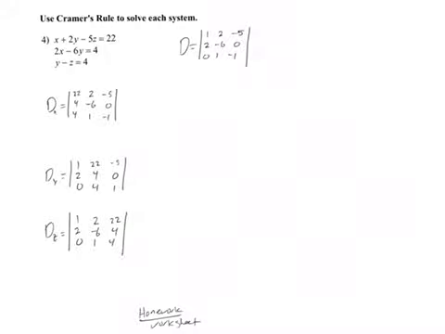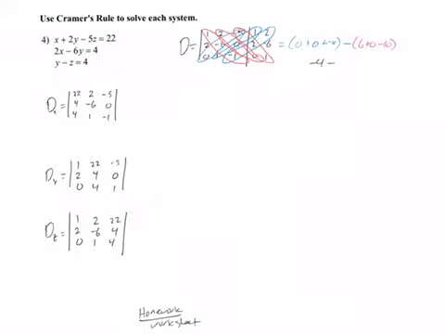Let's calculate D together here. Rewrite 1, 2, 0, 2, negative 6, 1. Zero plus 0 plus a negative 4 minus 6 plus 0 minus 10.